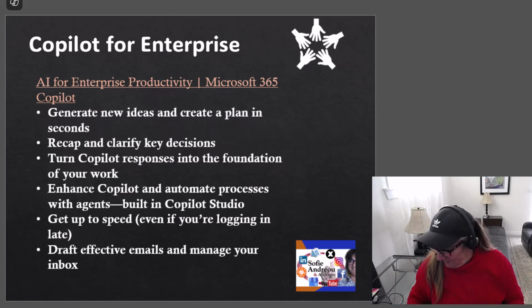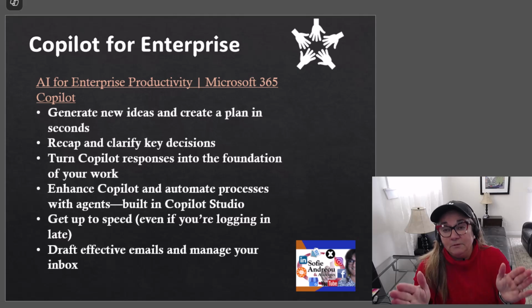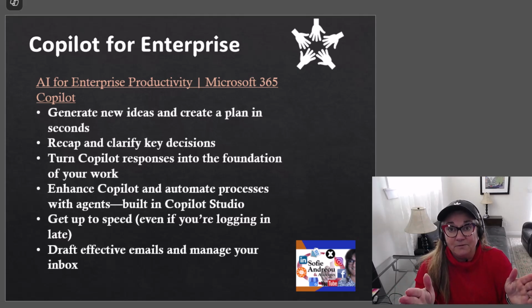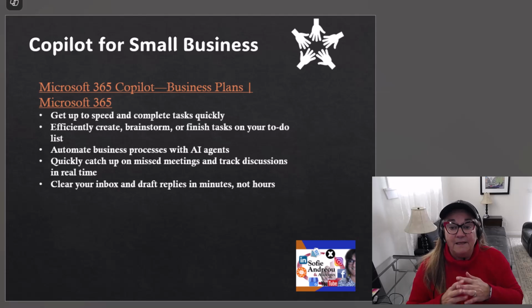So basically, all I'm sharing with you here is if you're on enterprise version, your IT department, your central department for your IT has to enable the AI, the Copilot, to work on your Microsoft applications. If you are a smaller company and you have Microsoft 365, then in this case, you're able to actually put it on your Microsoft tools yourself.